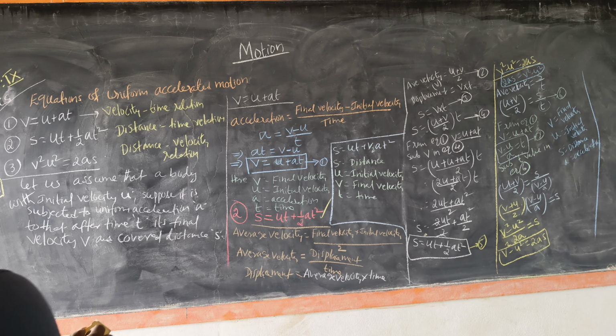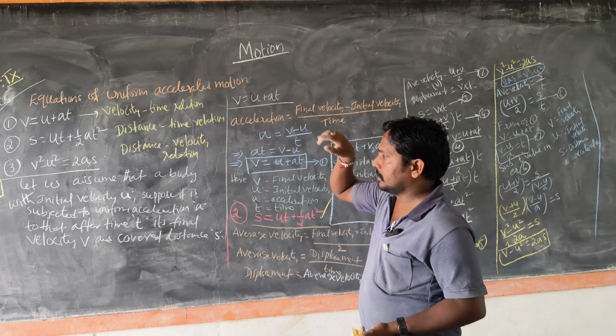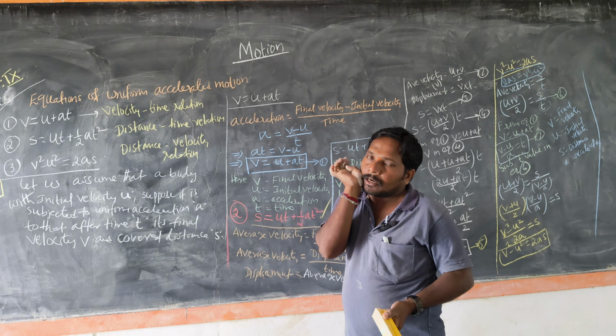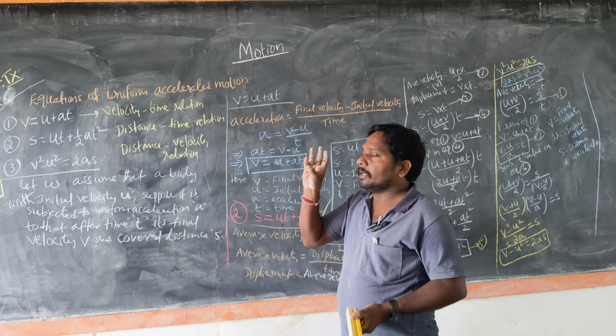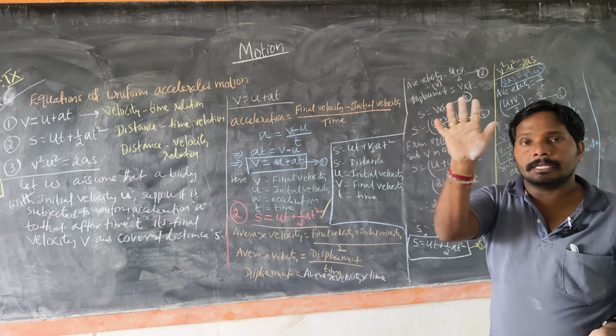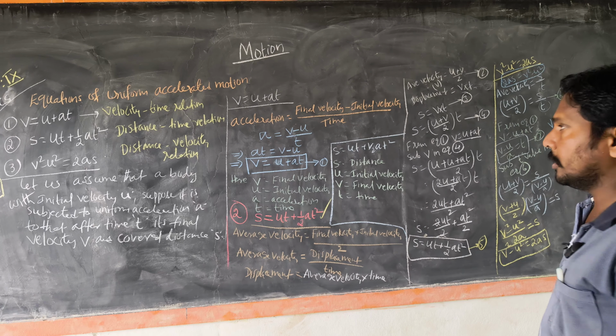So the first one, v equal to u plus at. First of all, let us know the important terms: initial velocity, final velocity, acceleration, time, and distance. These five are very important.